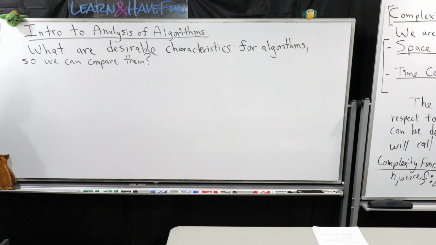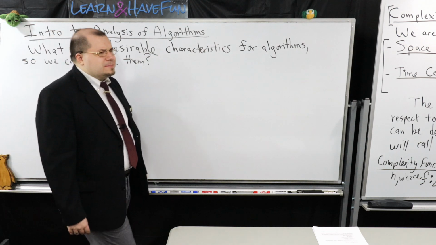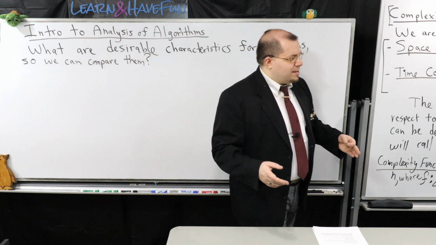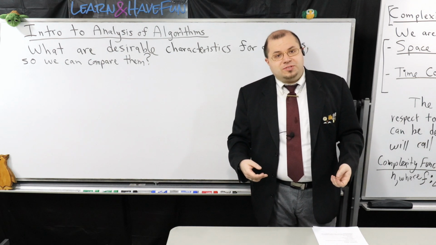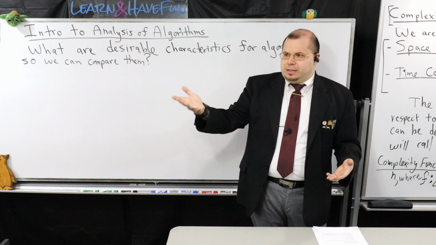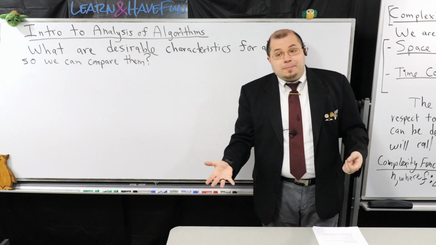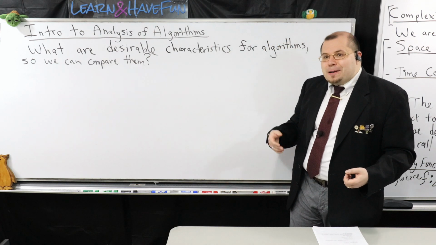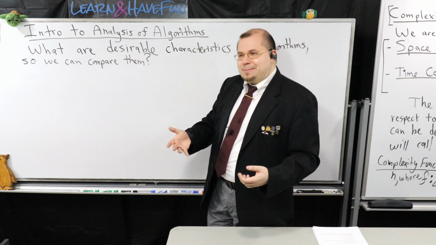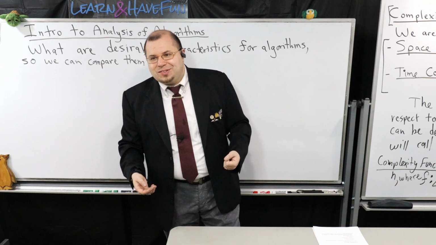But before we do that, a very natural exercise in this process is determining how we can compare two algorithms. Like I mentioned, you might have a really, really slow algorithm, but it might be conceptually very simple or easy to implement. That might be a positive thing for us when we think about comparing any two algorithms.